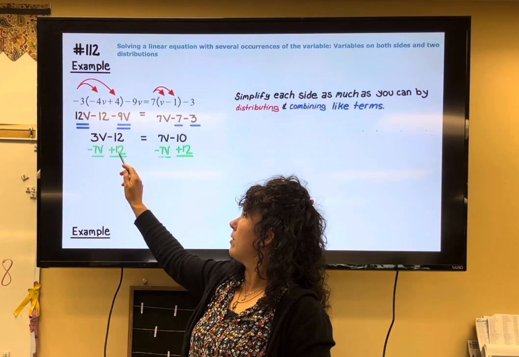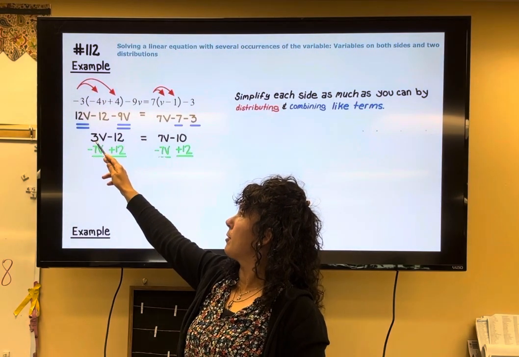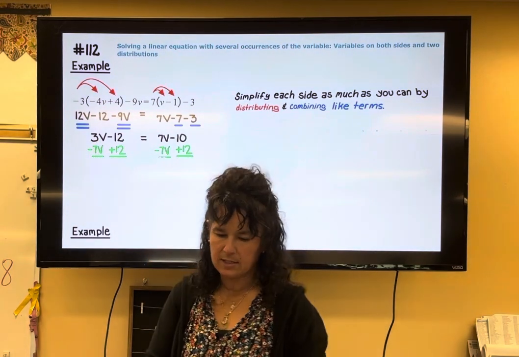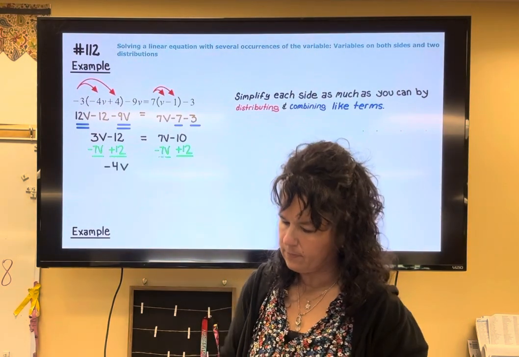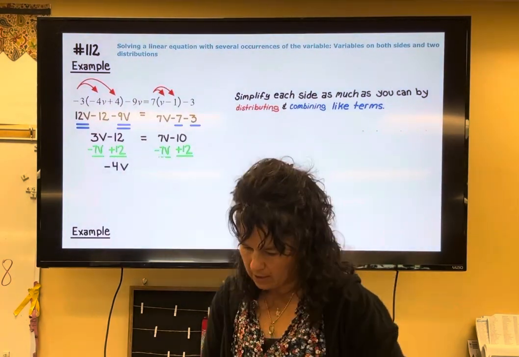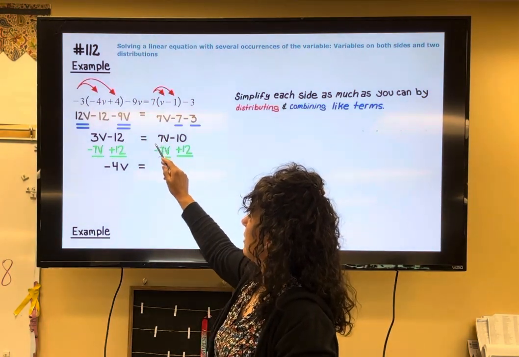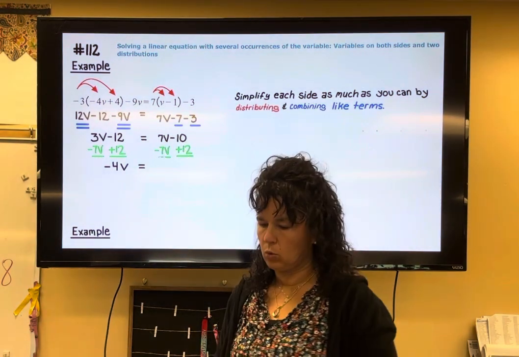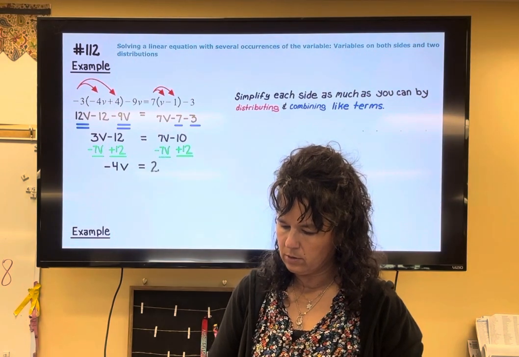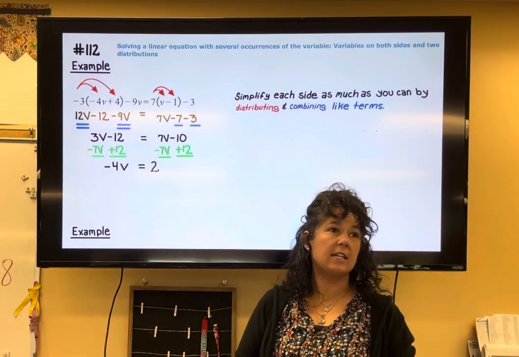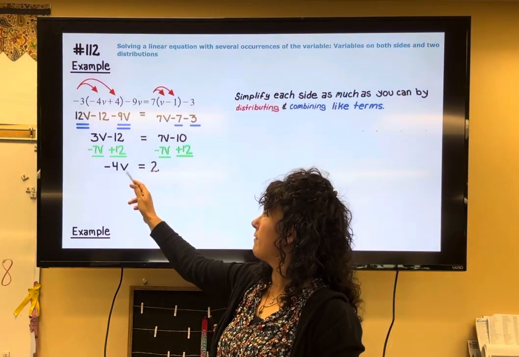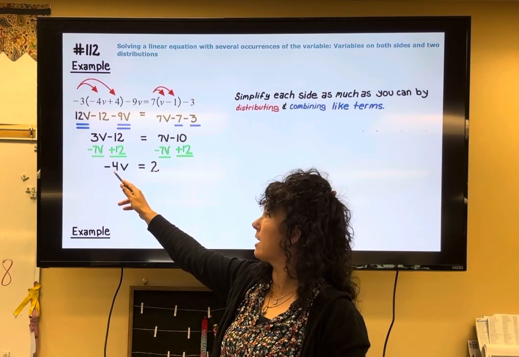So now that 12 got rid of that -12, but 3v's minus 7v's is -4v's. Bring down my equal sign. This 7v got rid of that 7v, but -10 and 12 make 2. Okay, lastly, to finish getting that v by itself, I'm going to get rid of that times -4.